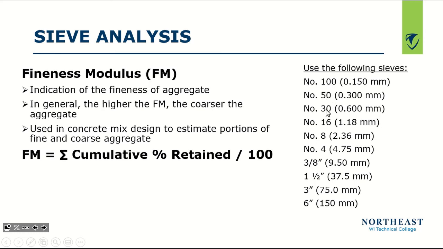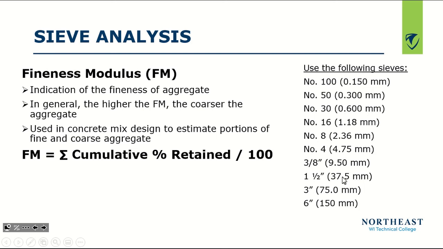How come there's not a 25? There is no number 25 sieve. Don't ask me why. Then, half of number 30 is number 15, but we don't have a 15 sieve, we have a 16. Half of 16 is number 8, so we do have a number 8 sieve, a number 4 sieve. See the size is doubling, and then 4.75, and then double that size, I get 9.5.